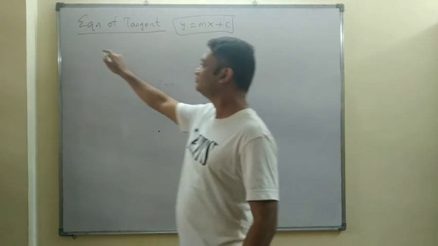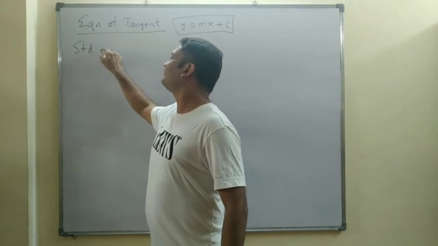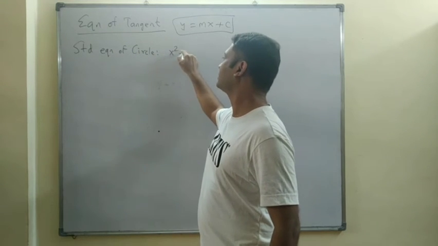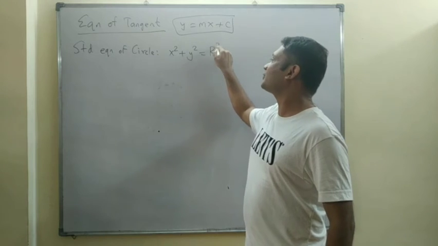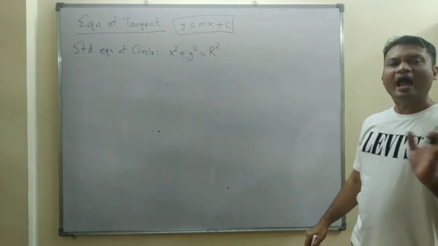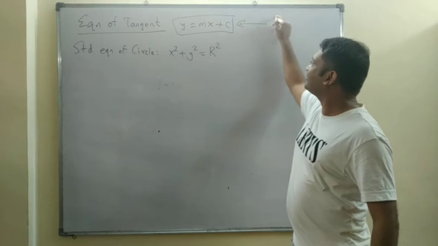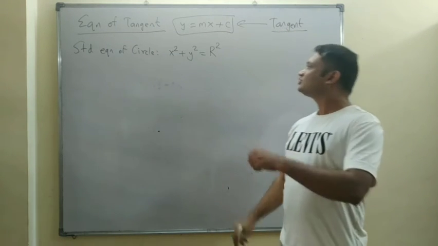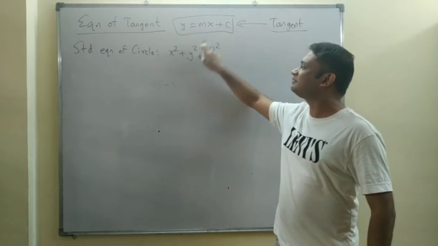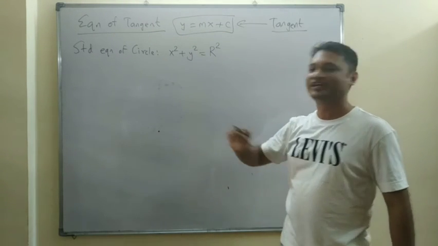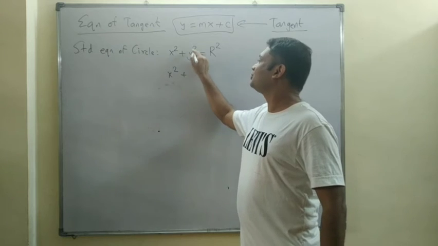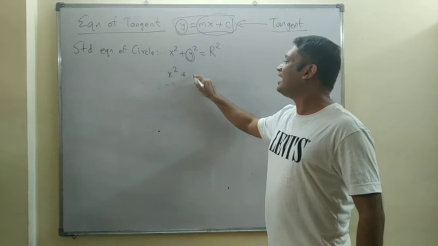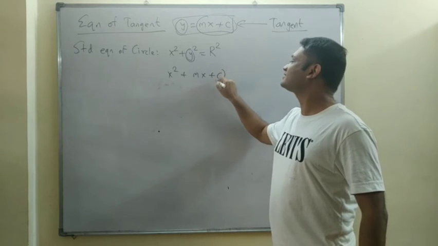The standard equation of circle is x square plus y square is r square, and we want to derive the tangent in the form y is mx plus c. So let us substitute y as mx plus c in the standard equation of circle.